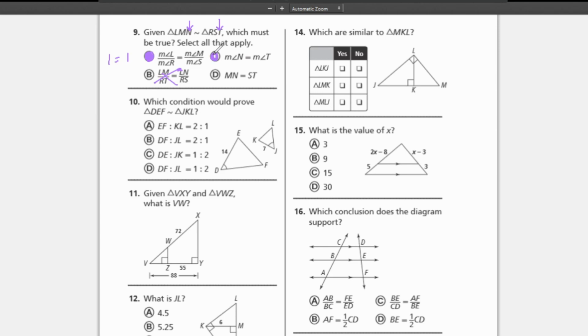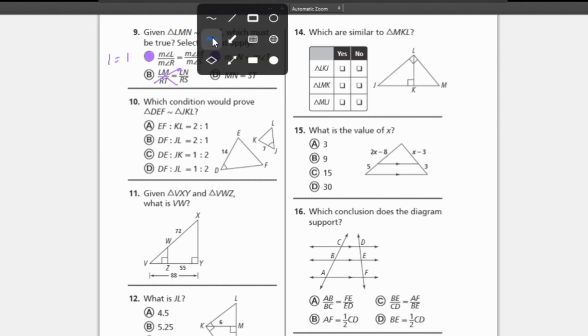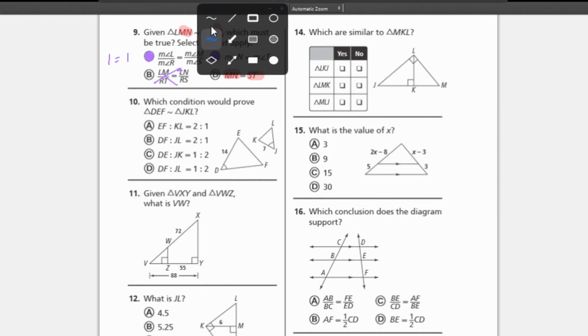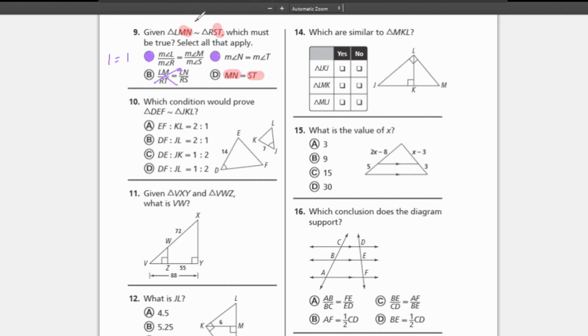Now, C would not be the right option if these were side lengths that we're talking about, like we are in D. Let's look at MN. So MN is the second part here, and ST is the second part. And this says MN is equal to ST. But remember, in these types of problems, the side lengths are proportional, not equal.